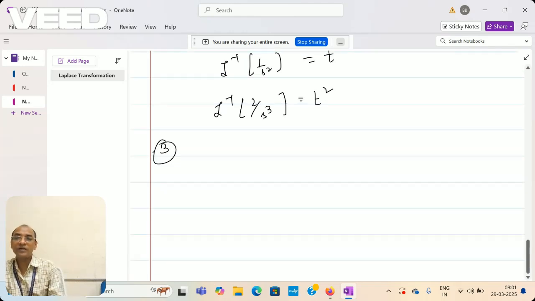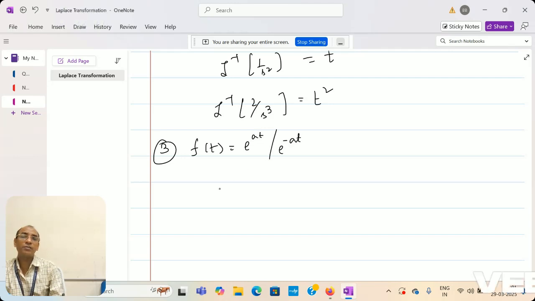And next, the third function is, suppose I take f of t equal to e to the power at, or you can say e to the power minus at, depending upon the situation. If I take the exponential function, then when I take the Laplace transformation of f of t, that is equivalent to saying the Laplace transformation of e to the power at.